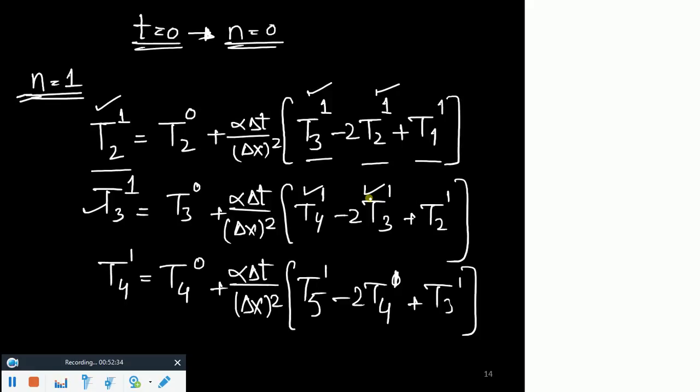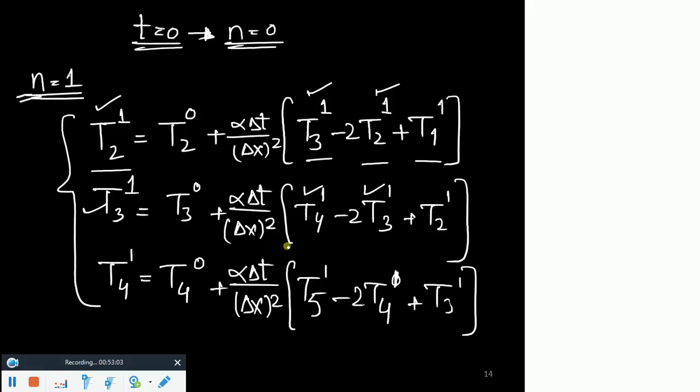So each equation carries more than one unknown. You only know the initial condition and the boundary condition: 2 boundary conditions, 1 initial condition, because it is a 1D unsteady problem. Okay. Now you see how you can find out all these values. Come on. So at each time level you have to go through a number of iterations.